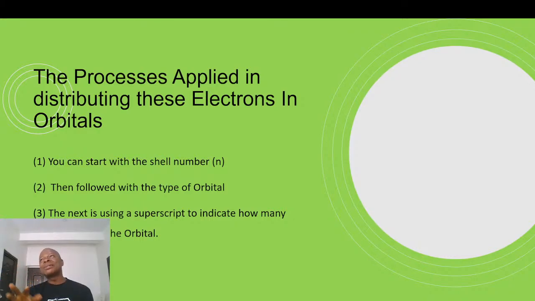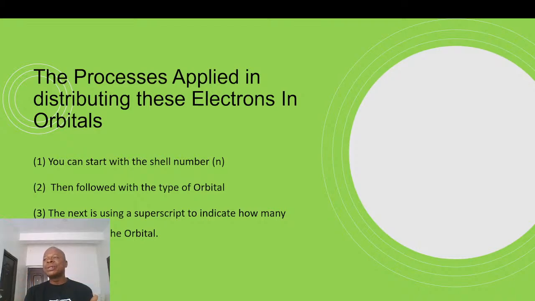If you're talking about the L shell, you're talking about 2, so you replace the n with 2. That is, you replace n in 2n squared with the shell number and get the answer.